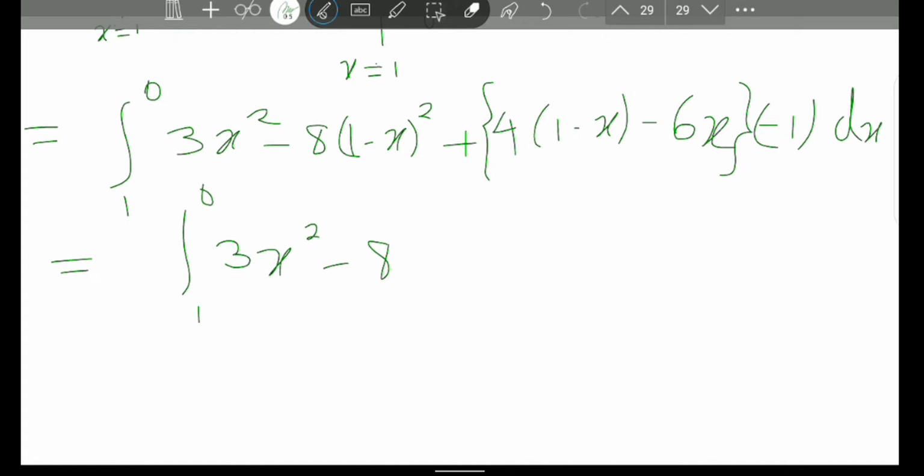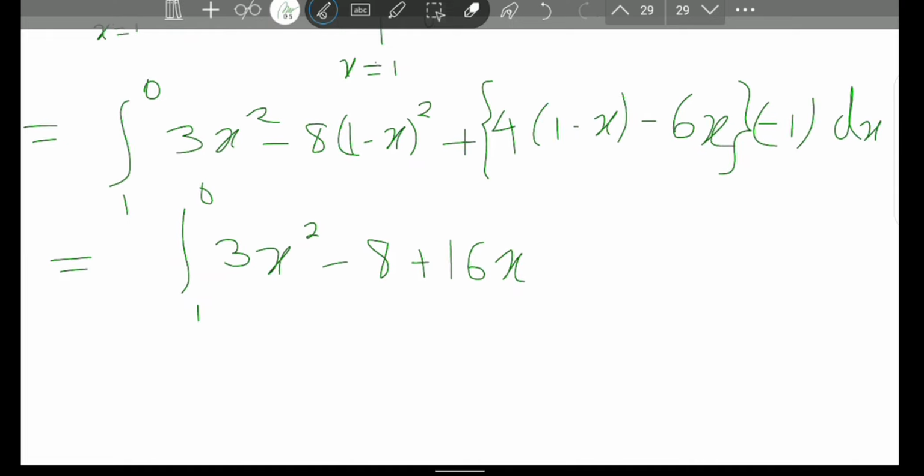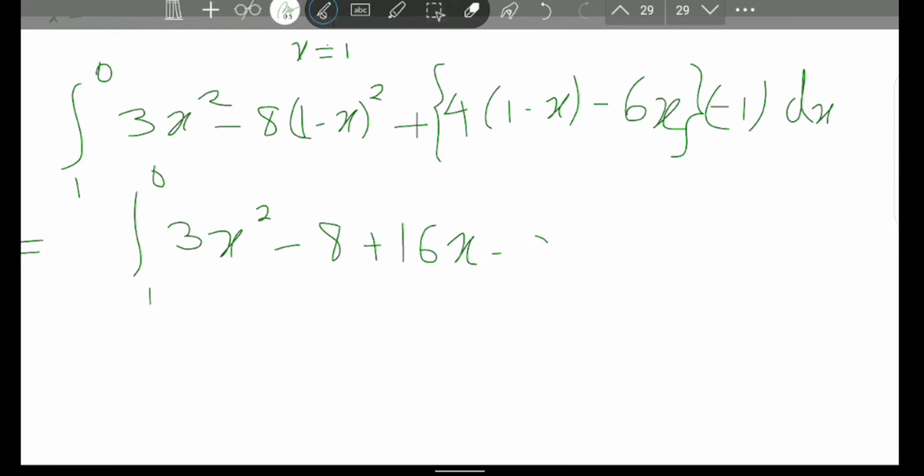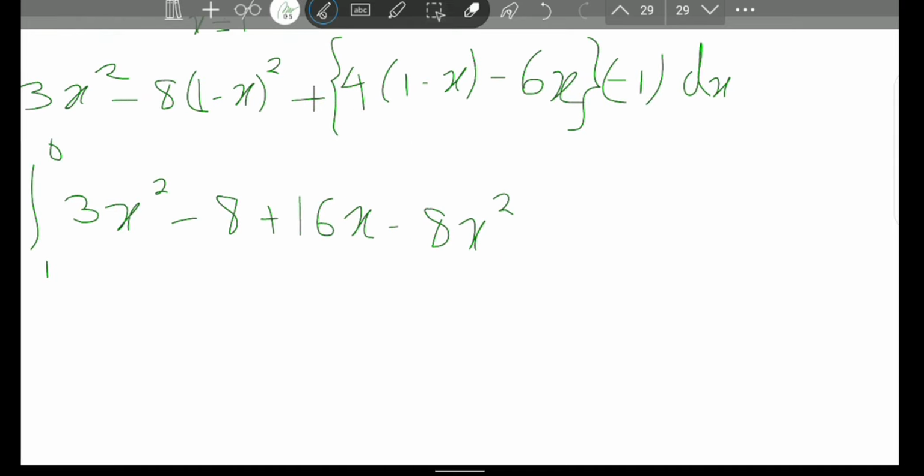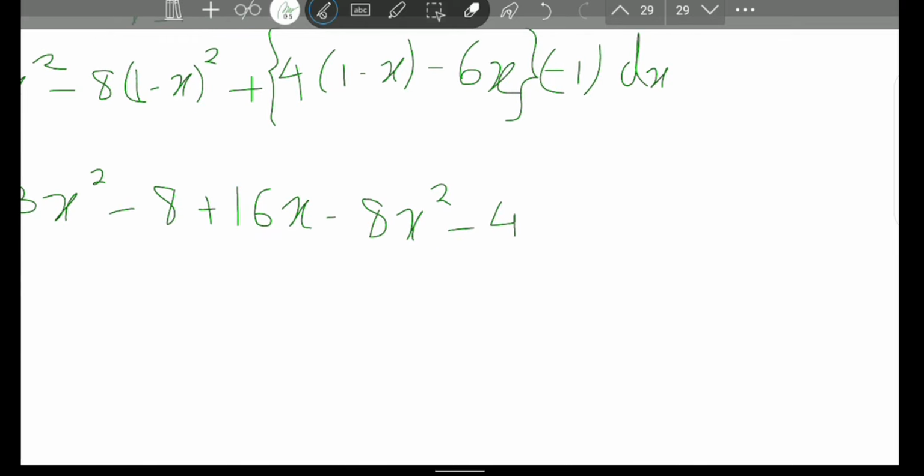Minus 2x into minus 8 is plus 16x. Minus 8 into x square is minus 8x square. Minus 4 into 1 is minus 4. Minus 4 into minus x is plus 4x. Minus 1 into minus 6x is plus 6x.